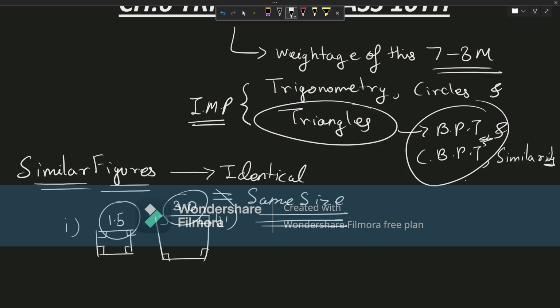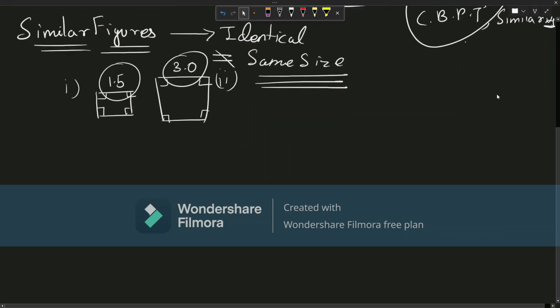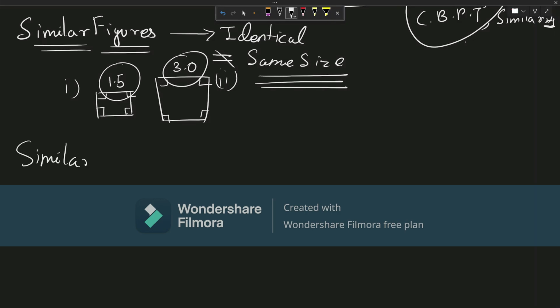Okay. Now let's talk about similar rectangles. There are some statements that you guys need to remember. All squares are similar figures.